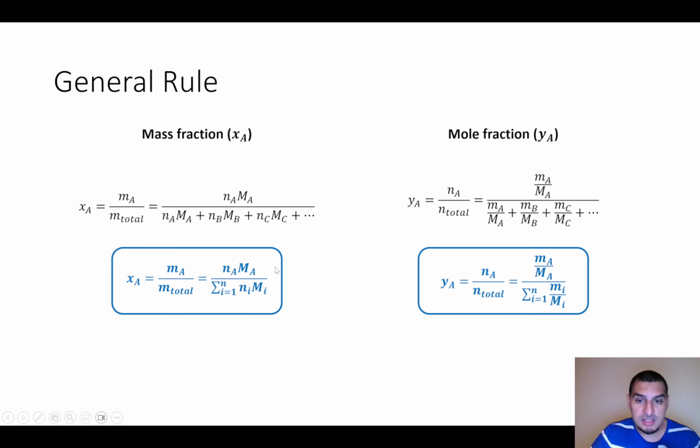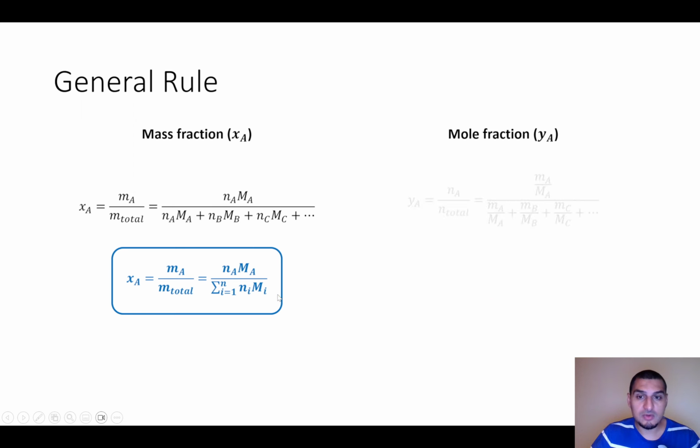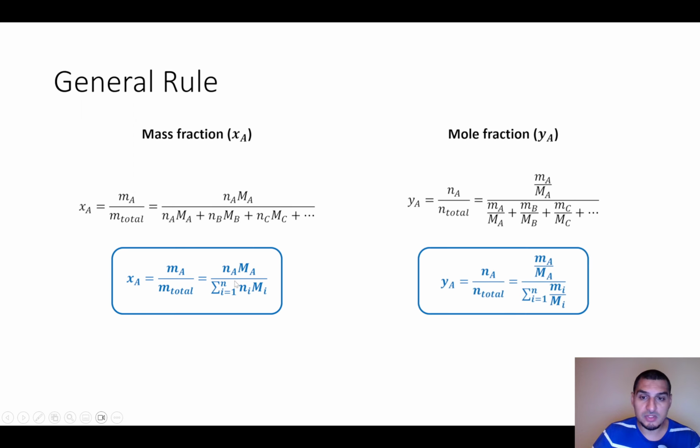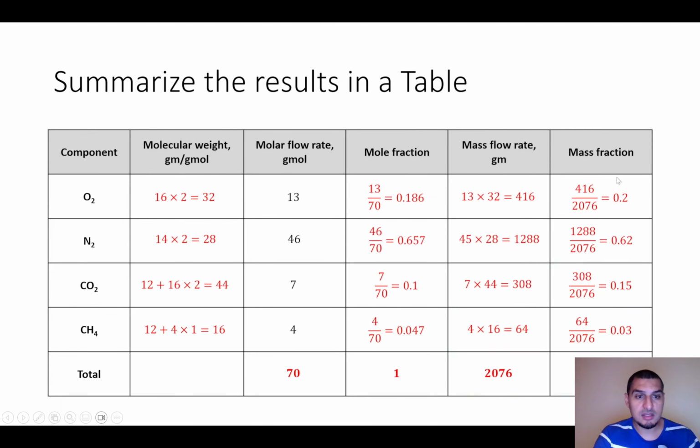And if you look at this equation and go back to the previous slide, you would see that this is the formula that we used. It's the number of moles multiplied by molecular weight divided by the sum of all the numbers of moles multiplied by the corresponding molecular weight.